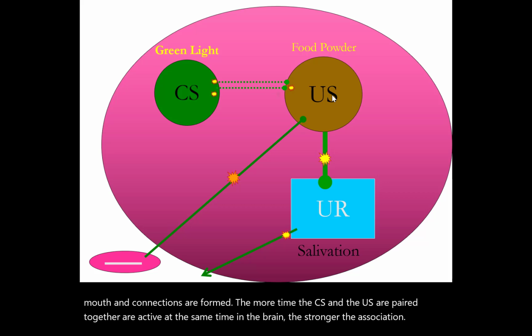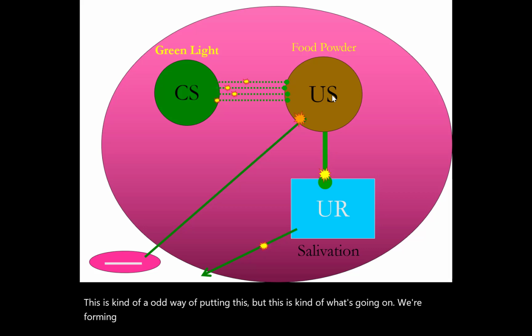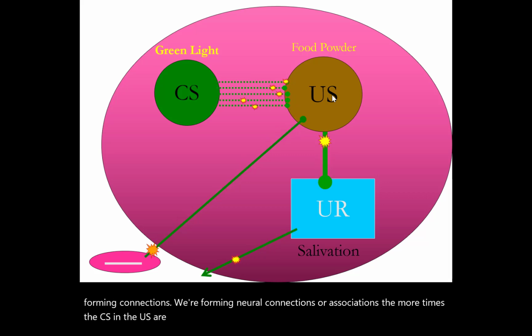This is kind of an odd way of putting this, but this is kind of what's going on. We're forming neural connections or associations. The more times the CS and the US are presented, the more trials, the stronger the connection.